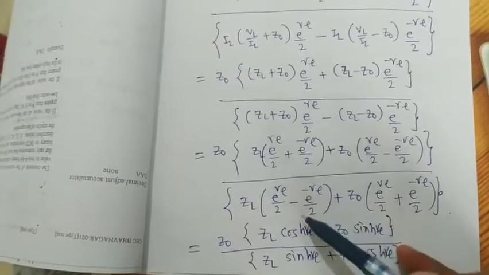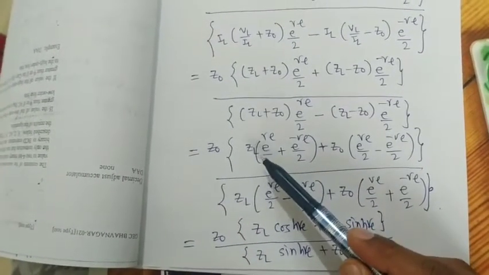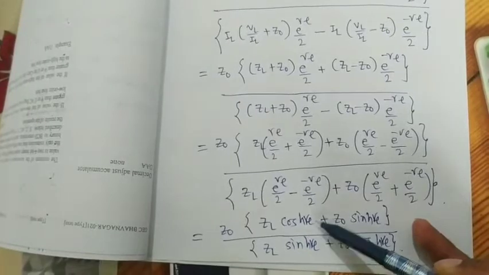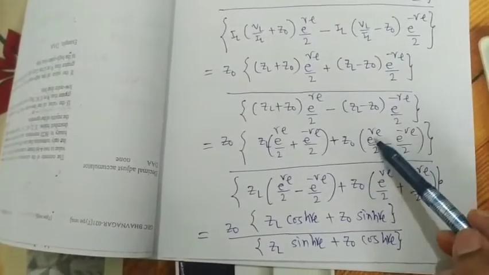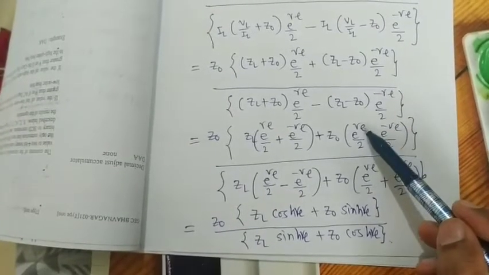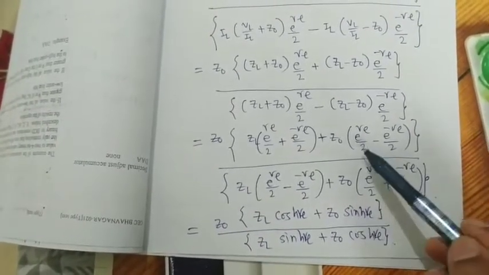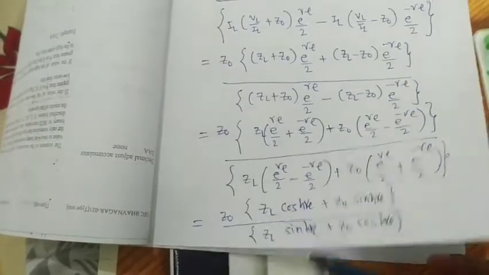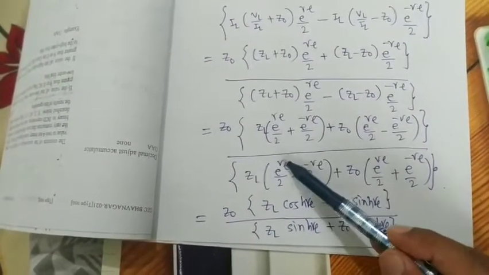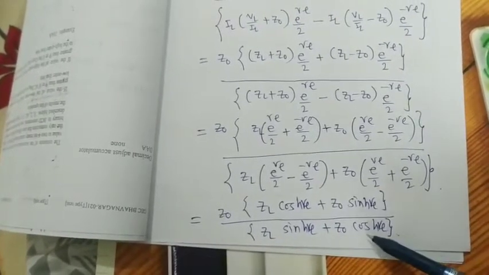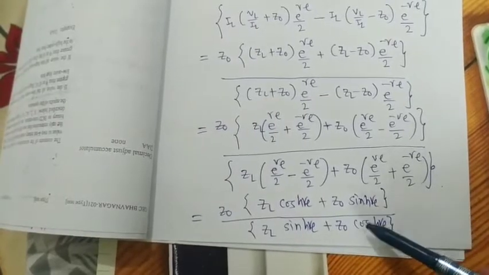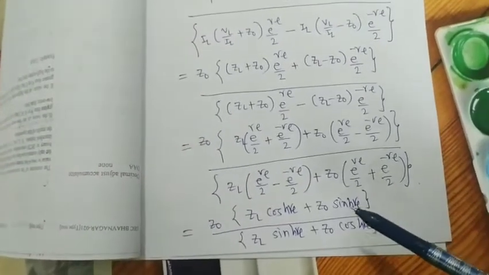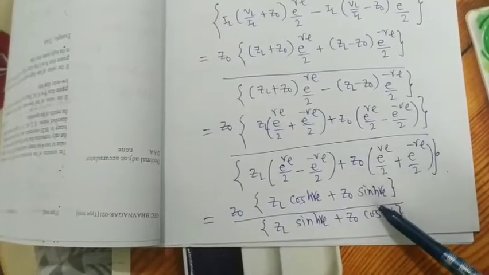So here there is a gamma term, so we can write ZL cosh gamma L plus Z0, and we know that this expression is nothing but the sinh gamma L. So we will get Z0 sinh gamma L, and at the denominator side also we will get ZL sinh gamma L plus Z0 cosh gamma L. So ultimately now we have such a relation which is in terms of cosh and sinh.